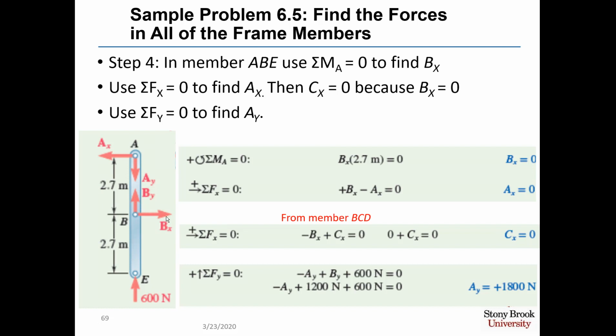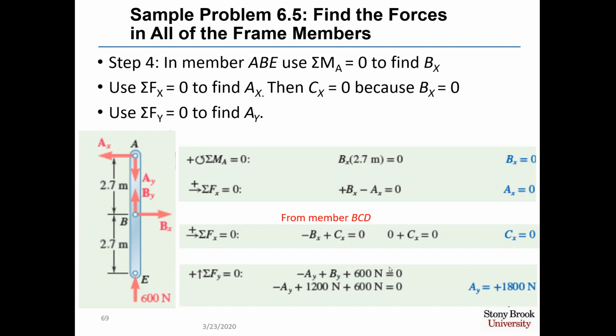Now that we know B sub X is 0, A sub X has to be 0 because BX minus AX has to equal 0. In member BCD, we learned that minus BX plus CX equals 0. And now that we know BX is 0, that means CX is 0 too.